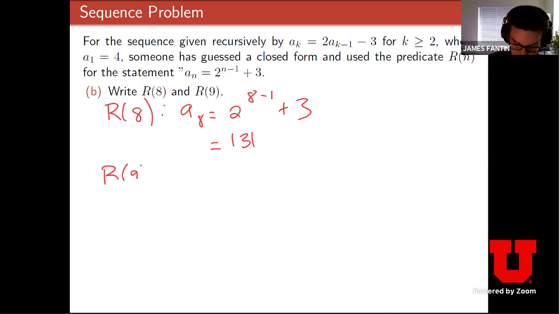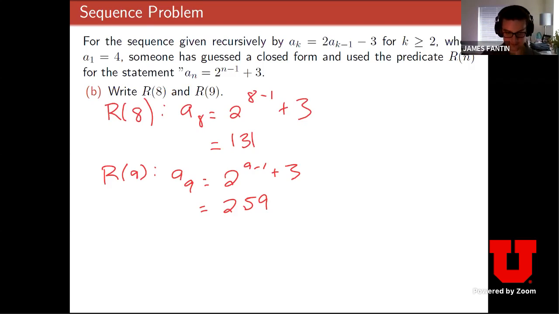And then for R9, we have a9 is equal to 2 to the 9 minus 1 plus 3. So we've got 2 to the 8 plus 3, so that'll be 259. So we're done with that part, just using closed form formulas to write what R8 and R9 are.